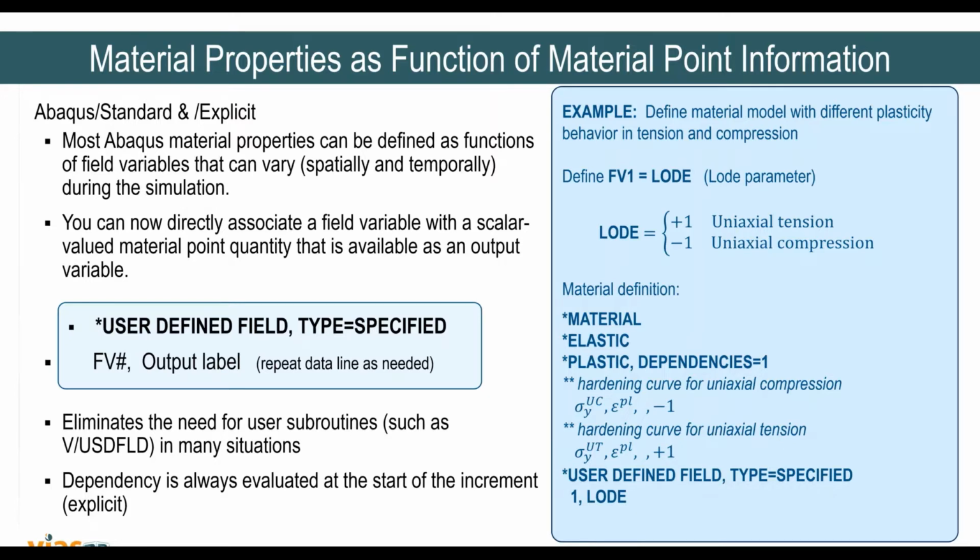So now what we have done in this new version is that you can define this material property as a function of material point, which is nothing but an output variable.